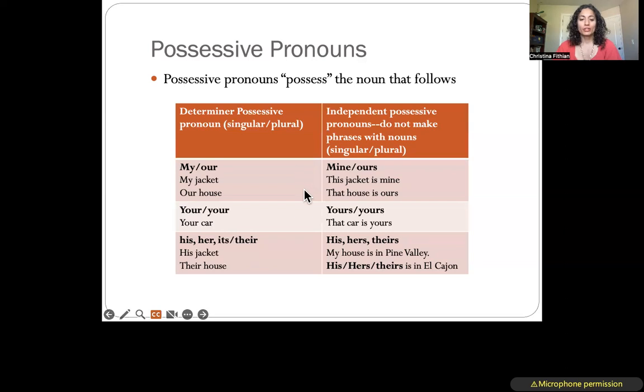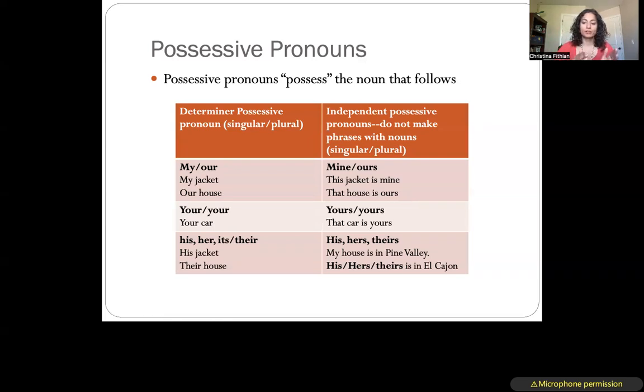Okay, so these possessive pronouns on the left column here are all determiners. Now, I don't want you to confuse that with independent possessive pronouns. These on the right column are not determiners. They don't make phrases with nouns like a determiner does, which we see here in the left-hand column, my jacket, our house, etc. So independent possessive pronouns, they function as a noun themselves.